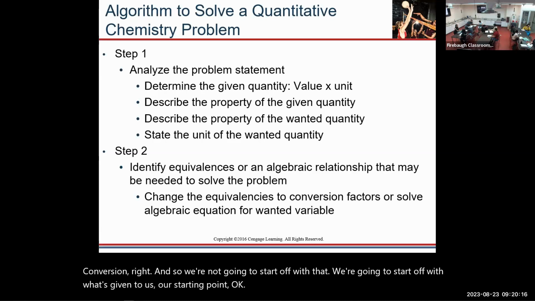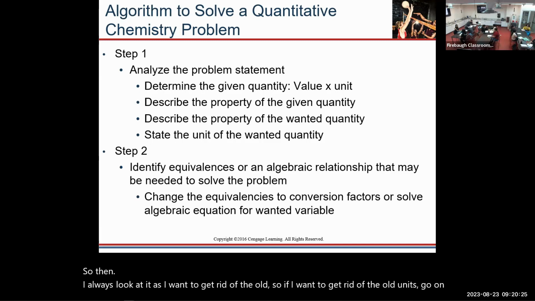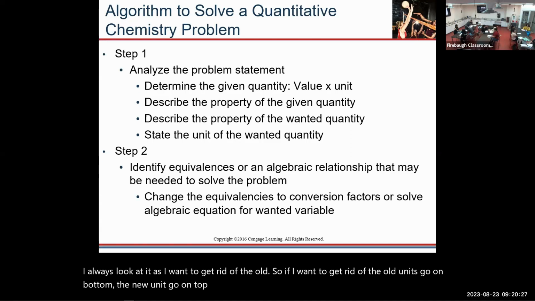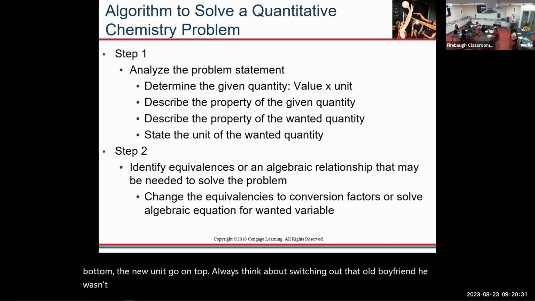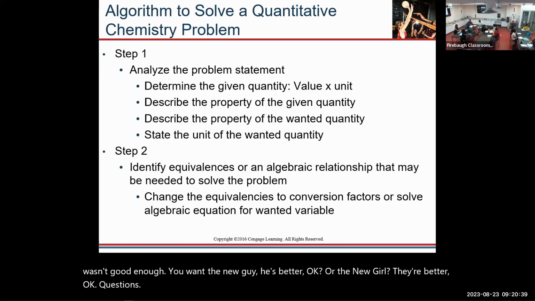So then I always look at it as I want to get rid of the old. So if I want to get rid of the old units, they go on bottom, the new unit goes on top. I always think about switching out that old boyfriend. He wasn't good enough. I want the new guy. He's better. Okay? Or the new girl. They're better. Okay? Questions? Concerns?